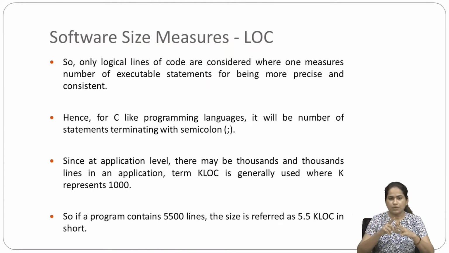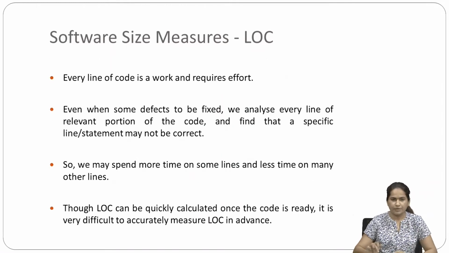So if we have 1000 lines, we can say 1K. Instead of writing 1000, we write 1K. So if a program contains, for example, 5500 lines, then when we refer to it in terms of size, it will be written as 5.5 KLOC, right?